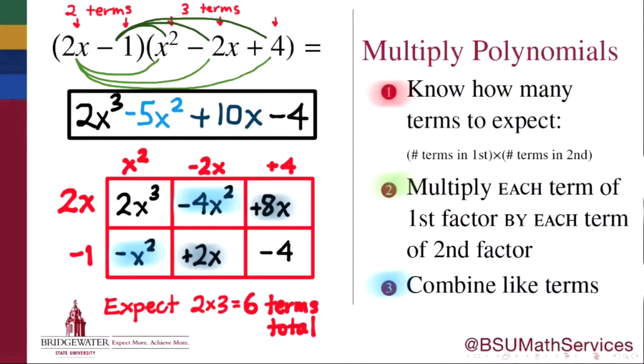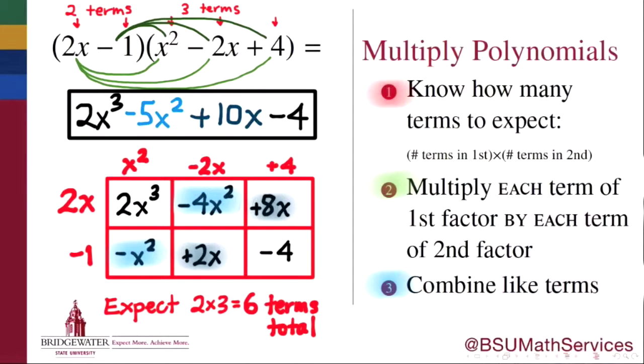So when multiplying a pair of polynomials together, my advice is to think forward, think ahead of time. How many multiplications am I going to end up having to do in order to compute this product? That number will always be the number of terms from your first factor multiplied by the number of terms from your second factor.